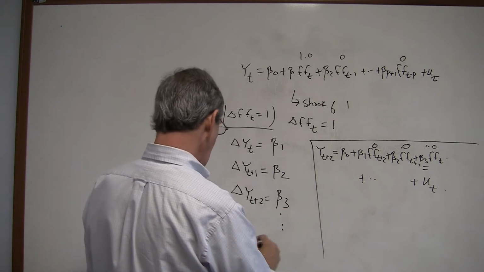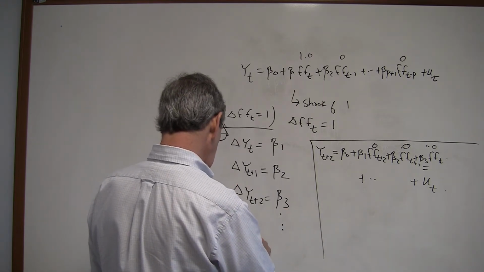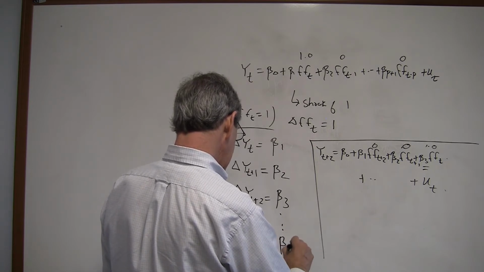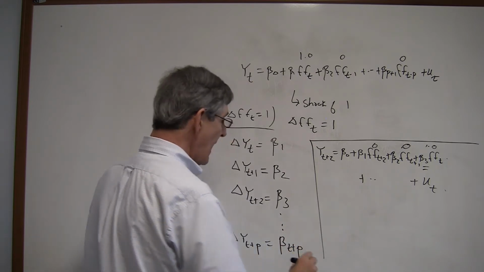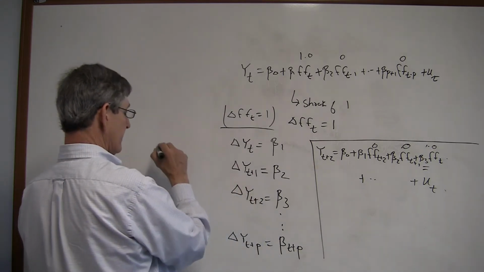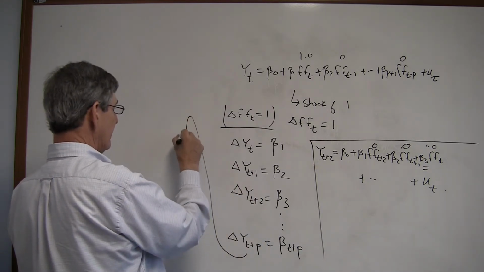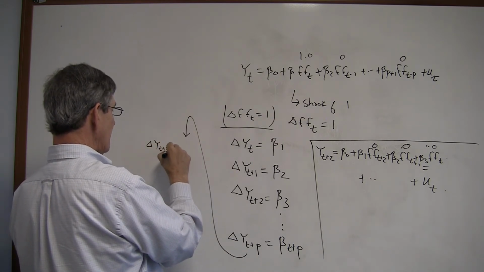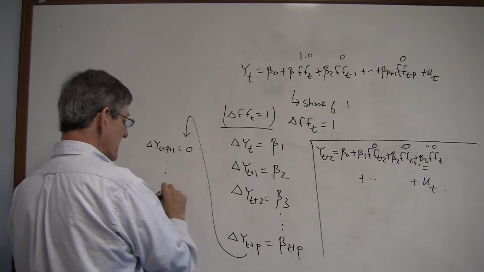And so you can take that all the way out to the change in yt plus p would be beta p plus 1. After that, all the changes are 0. The change in yt plus p plus 1 equals 0, and that's true from then on.